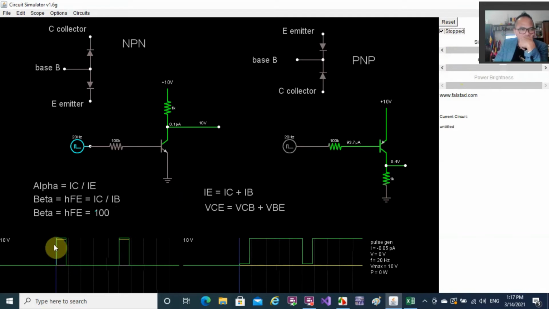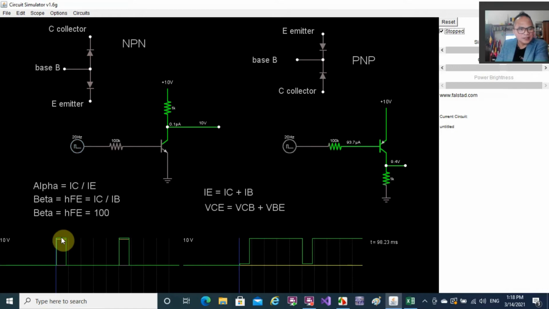So in the first pulse, we had 10 volts on our input, and the next pulse is at 40 milliseconds, because we have 20 Hz and 20 Hz is 50 milliseconds. We start from this ordinate going to this one, one cycle, so it's 50 milliseconds. And then the pulse is 8 milliseconds here.